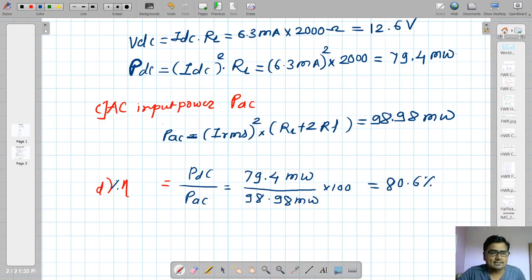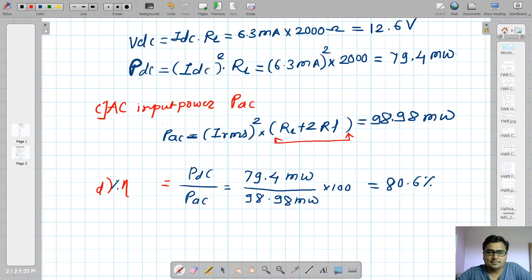The important thing that I want to tell you is this. Here IRMS square multiplied by RL plus twice of RF is very important for the AC input power.